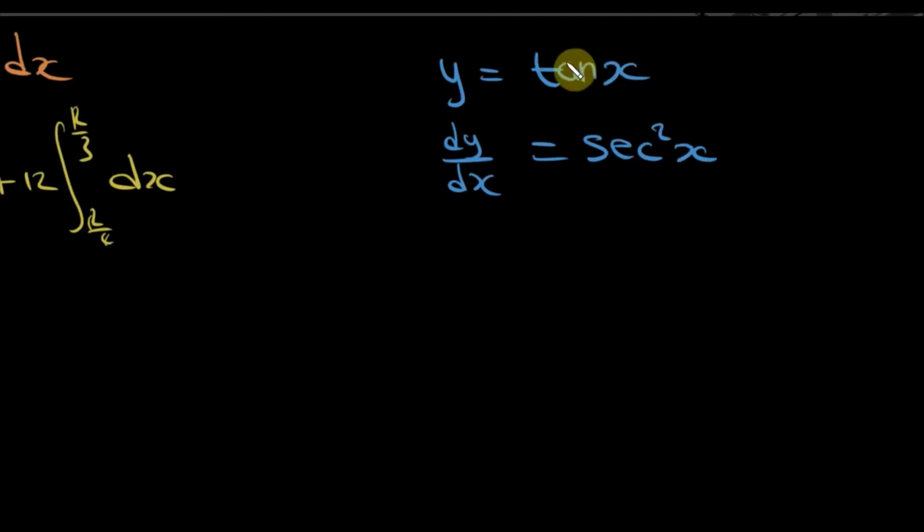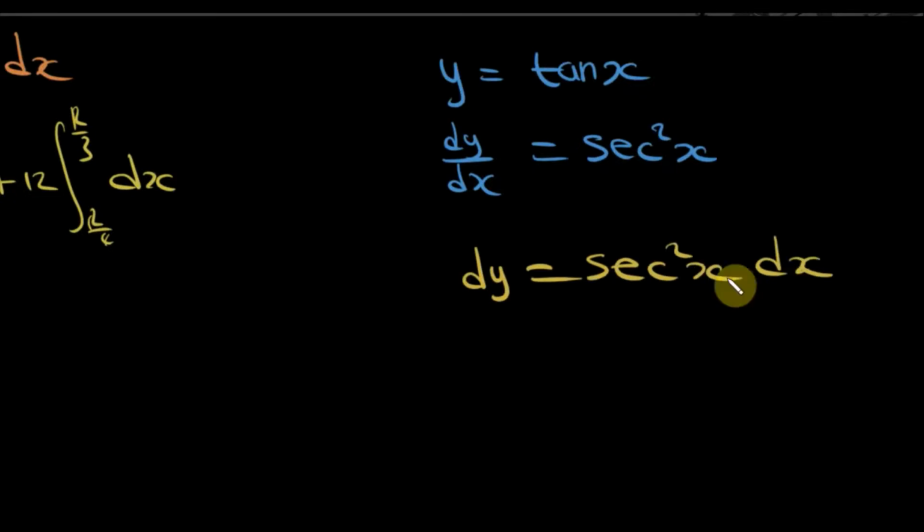And how will you go about integrating sec squared x in this scenario? Well, you say, okay, I want to find what my y value is. So you rewrite this as dy equals sec squared x dx. So we are integrating in terms of x.